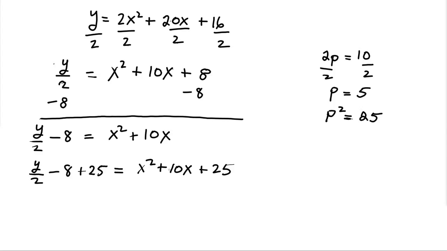Now again, on the right side, this is a perfect square quadratic, and it's going to be x minus p, which is 5, squared. On this side, minus 8 plus 25 is going to be 17.